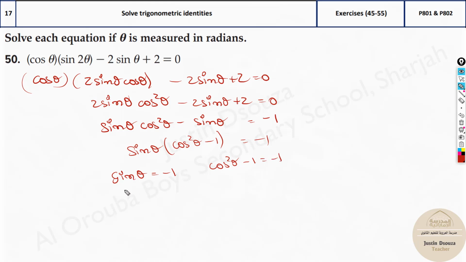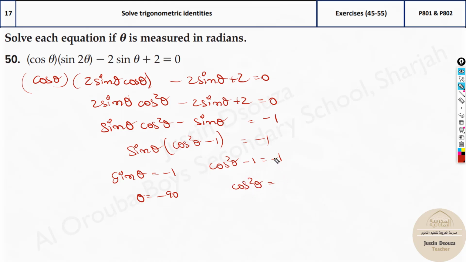And now let's see what is sine inverse of negative 1. This is going to be minus 90. Yeah, it is negative 90. You can just use a calculator and double check. Over here, theta is equal to negative 90. But over here, I'll simplify and then I'll show it in the calculator. Minus 1 goes to the other side, it becomes plus 1.